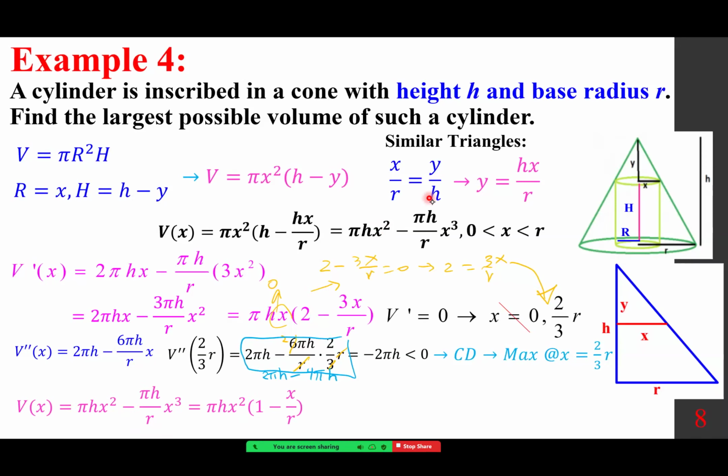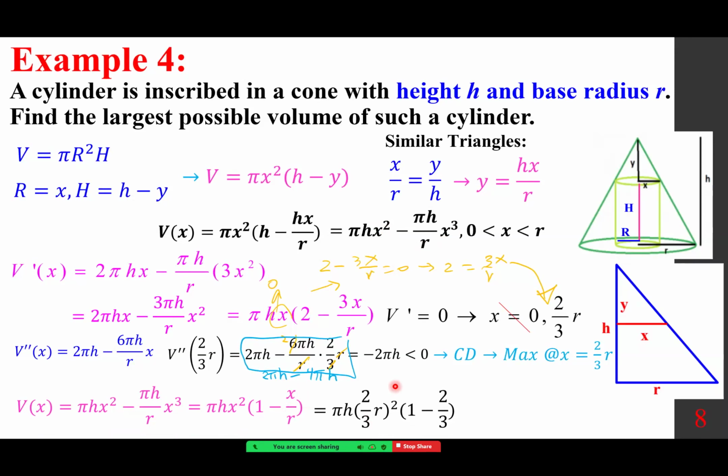So pi h x squared minus pi h over r times x cubed. It's pi h x squared times 1 minus x over r. And you replace the x with 2/3 r, this x as well as this x.